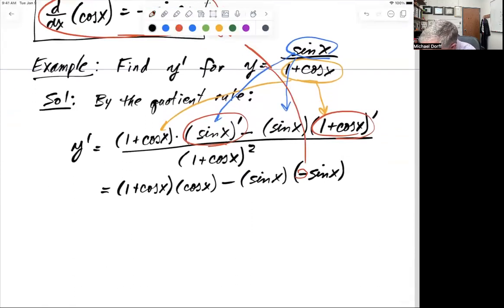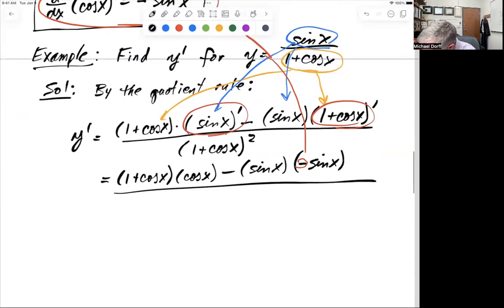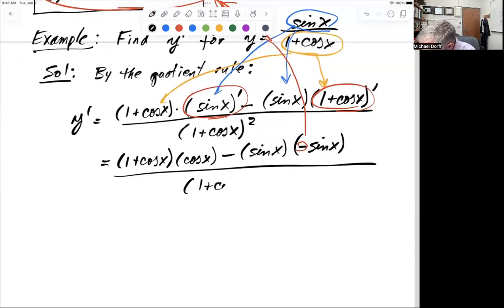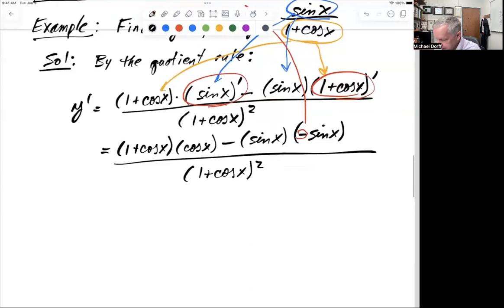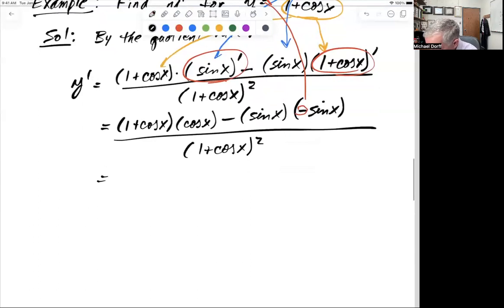All right, and then we keep the denominator, 1 plus cosine x. Some people may say, should I multiply out that denominator? No need to do it right now. So let's just see where it takes us. All right, then I've got these multiplications here, so I'm going to distribute that cosine x times what's in the parentheses in front of it.